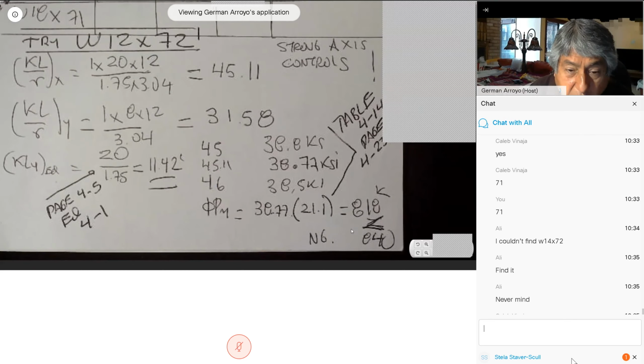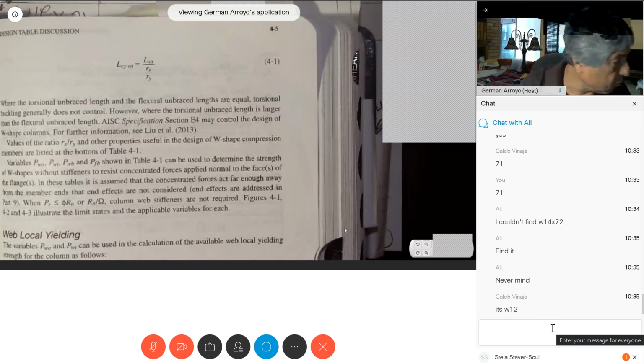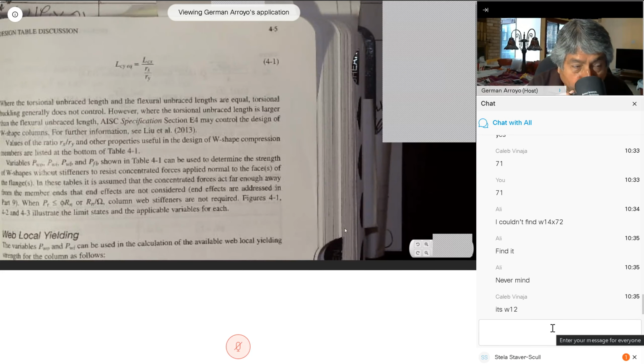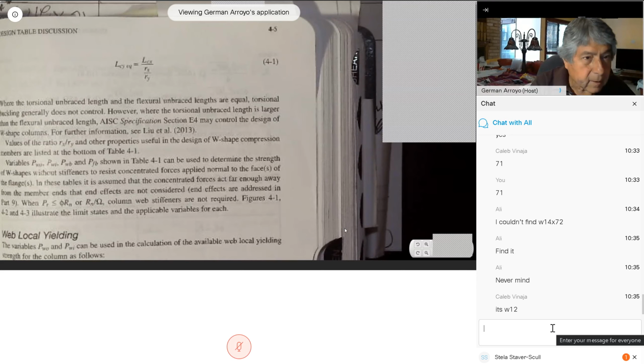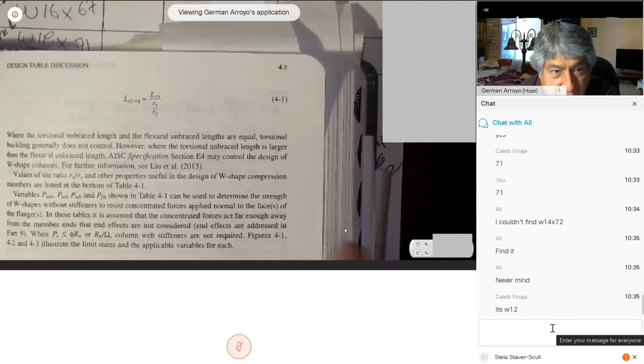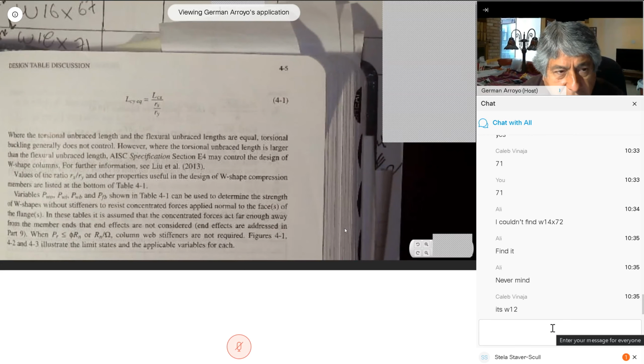So this is the easiest way to find if your section is good or not good. But in the code, in the front of chapter 4, I'm going to go to 4-5, chapter 4, page 5. There is another way of finding if the section works or doesn't work.